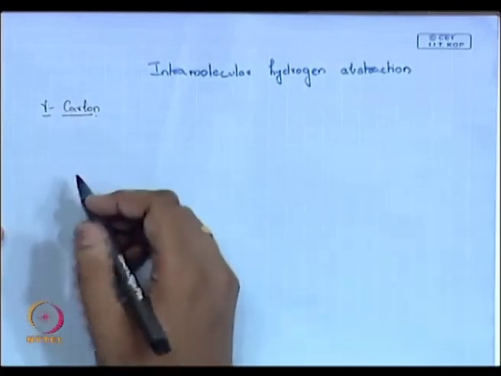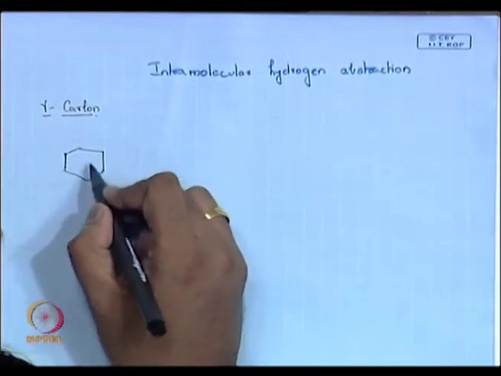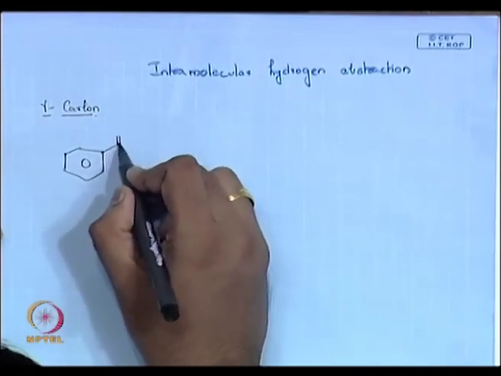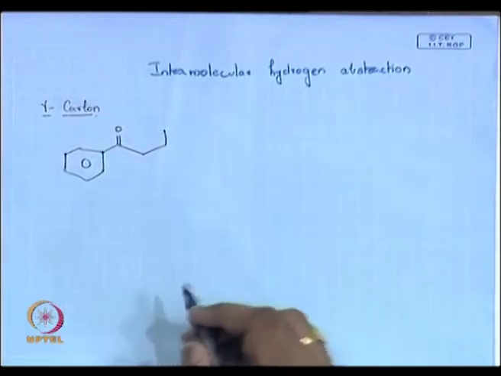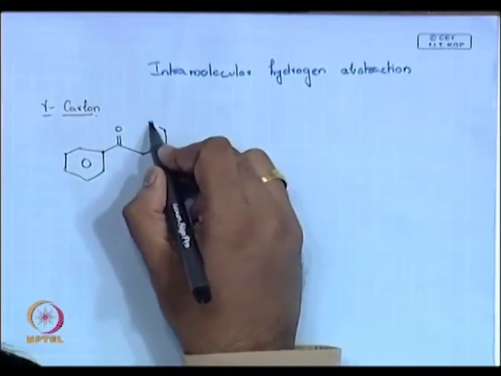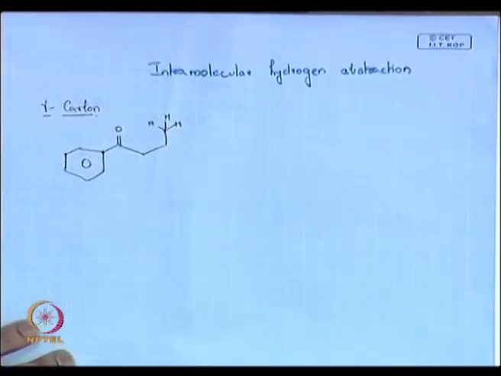What we did is that we took a carbonyl which has hydrogen in the gamma carbon. So, we took this system, right.